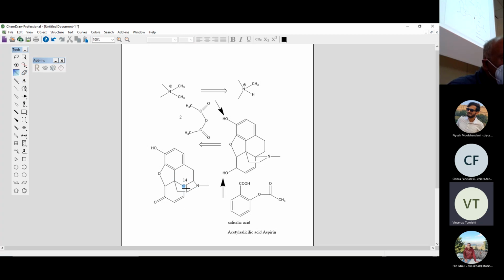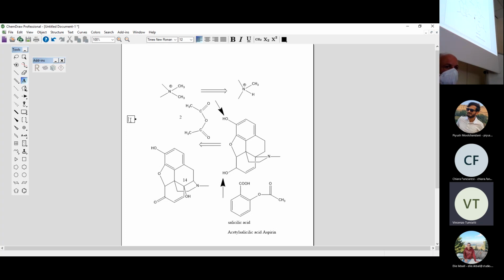It's possible to introduce an OH group in this position. This compound is very potent. It's called oxycodone. It is one of the best-selling morphine derivatives sold in the pharmacy.